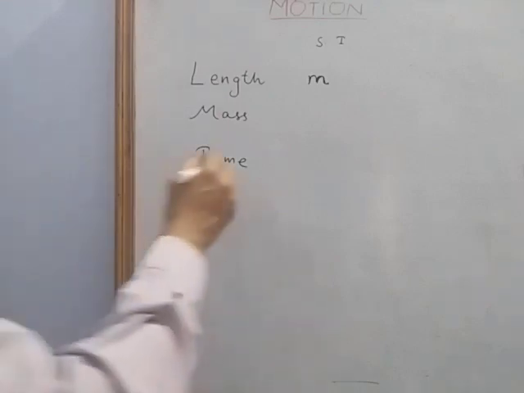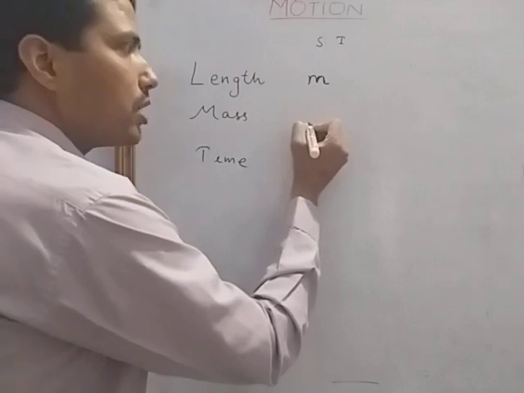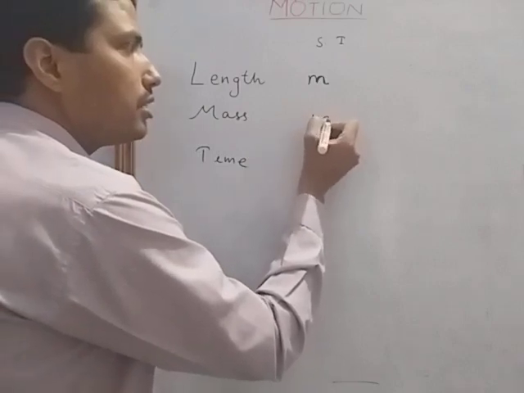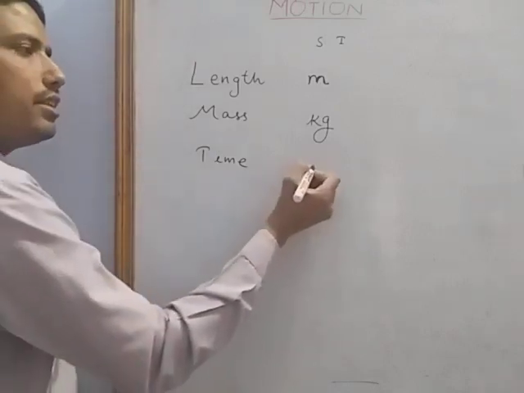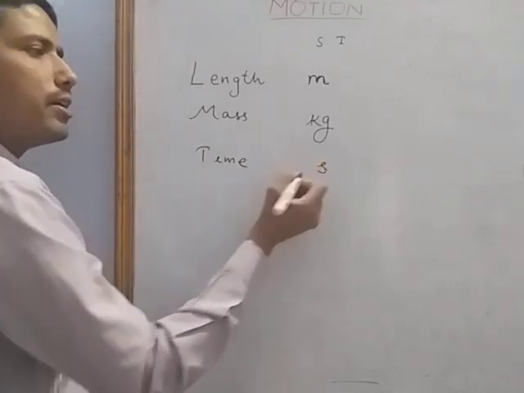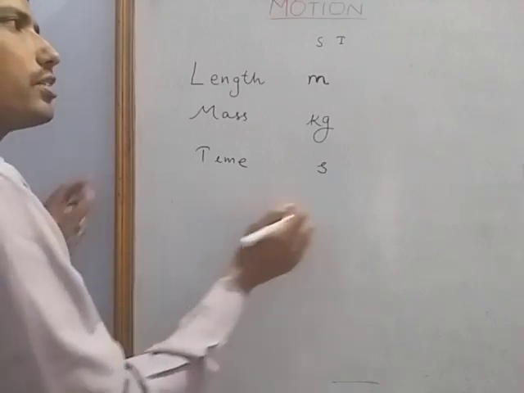Likewise, for mass, it is kilogram. Kilogram symbol is small k and small g. And for time, it is second. Second is denoted by small s.